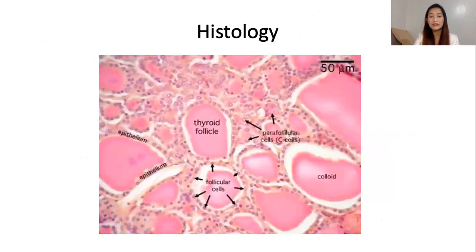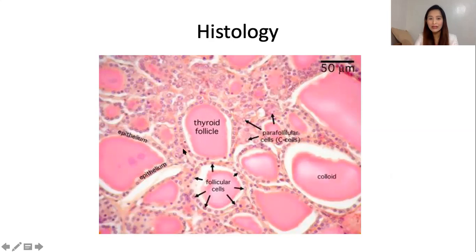If you look closely at the thyroid gland under the microscope, if you recall from your histology, it would look like this. The cuboidal cells would look very nice here, surrounding your colloid.